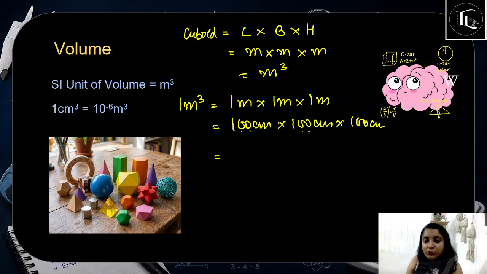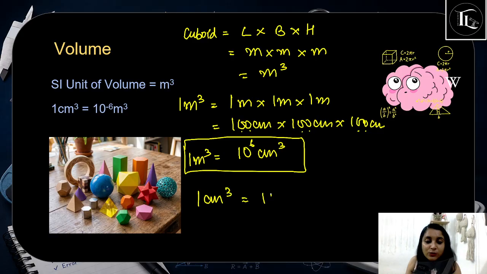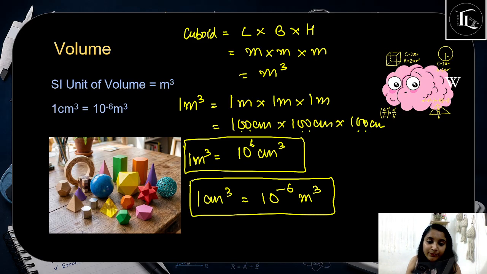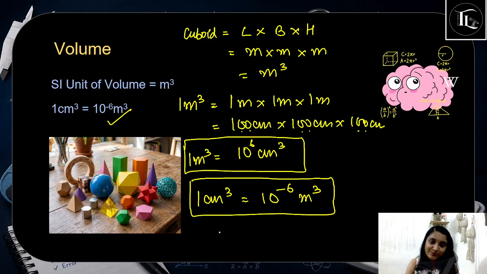Now it is 1, 2, 3, 4, 5, 6 zeros. So 10 raised to power 6 centimeter cube. That means 1 meter cube is equal to 10 raised to power 6 centimeter cube. And similarly, we can write 1 centimeter cube is equal to 10 raised to power minus 6 meter cube. I hope this is clear. Similarly, you can do for millimeter cube to centimeter cube or millimeter cube to meter cube. I hope this method is clear.